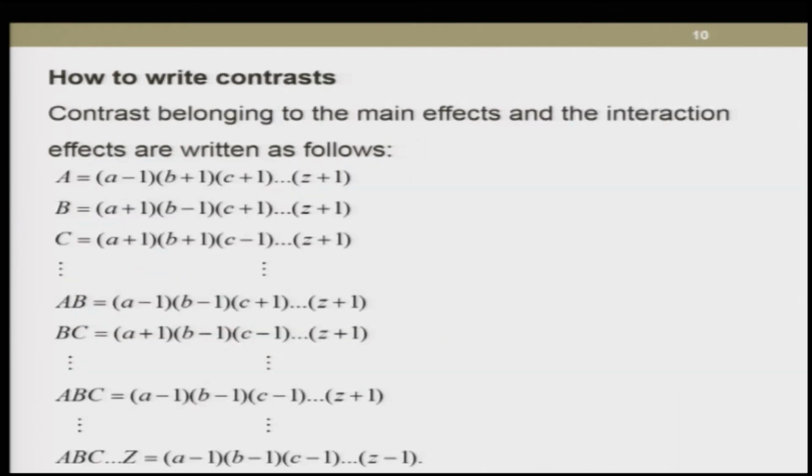Now I will explain how you write the expression. In order to write down the expression, first you have to recall the earlier 2 lectures, when I considered the 2 square factorial experiment and the 2 cube factorial experiment.